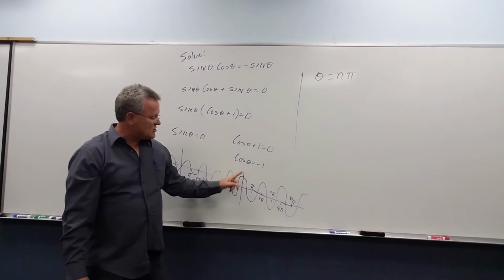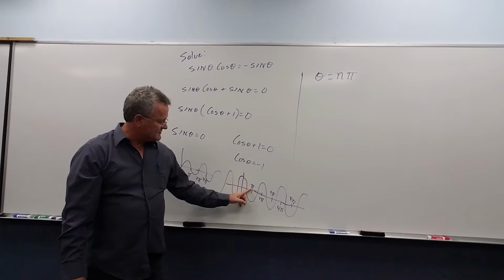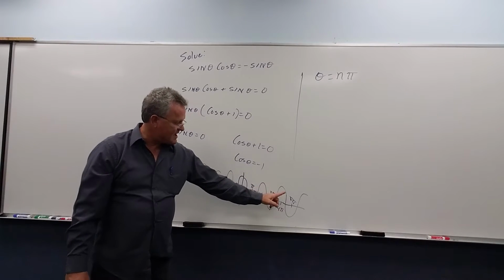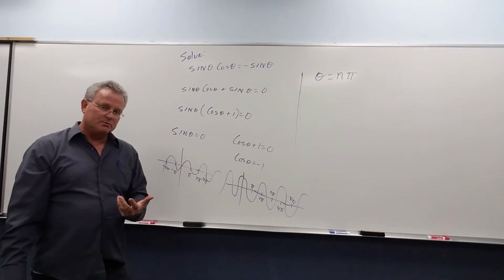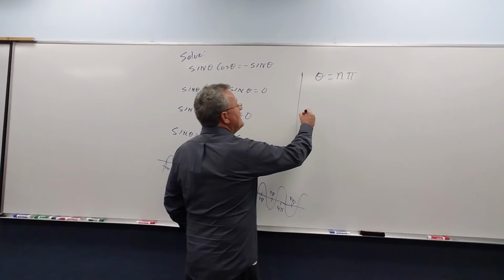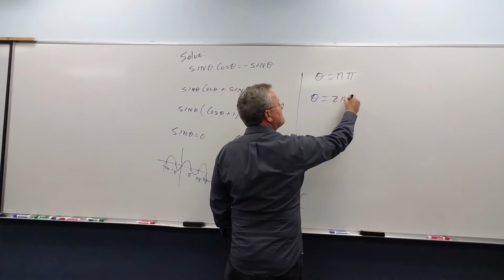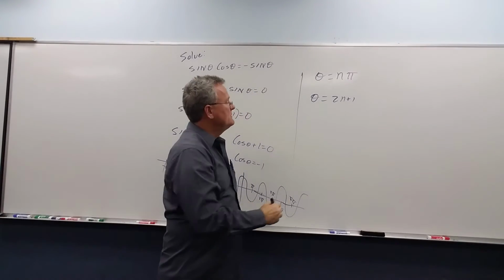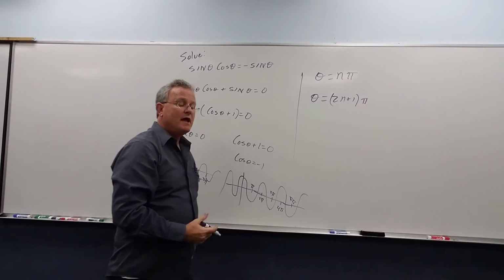So we can see that cosine is -1 when theta is pi, 3 pi, 5 pi, when it's an odd multiple of pi. An odd multiple is any even number plus 1 or -1. So it's 2n plus 1 times pi.